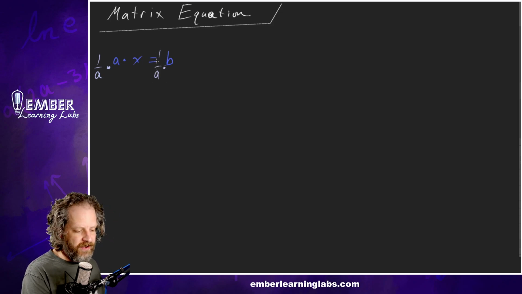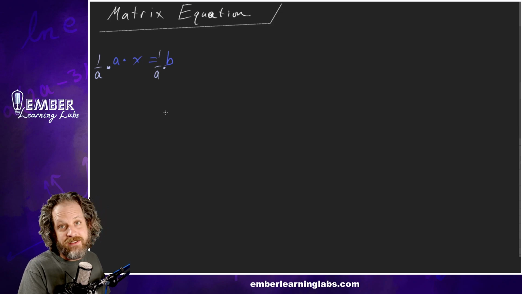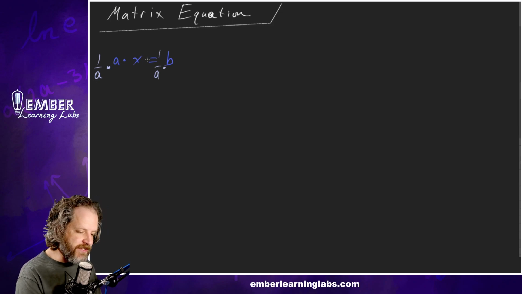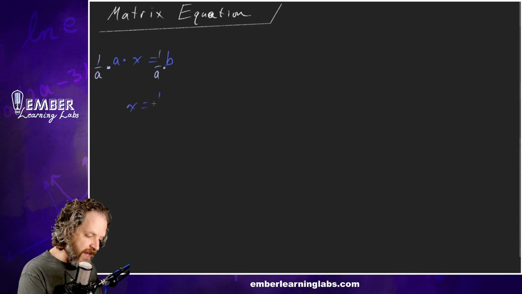I do it in front here because order matters with matrices. That cancels, and gives us X equals the inverse of A times B.